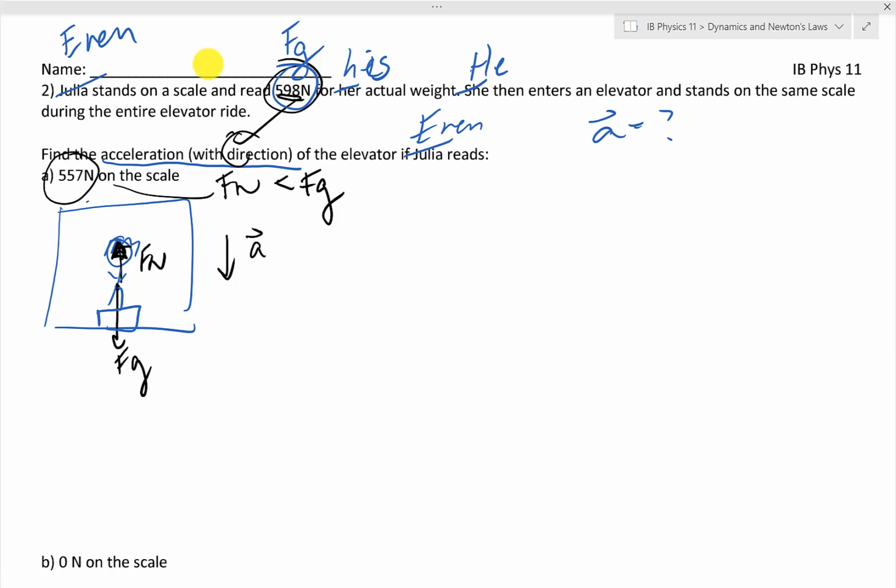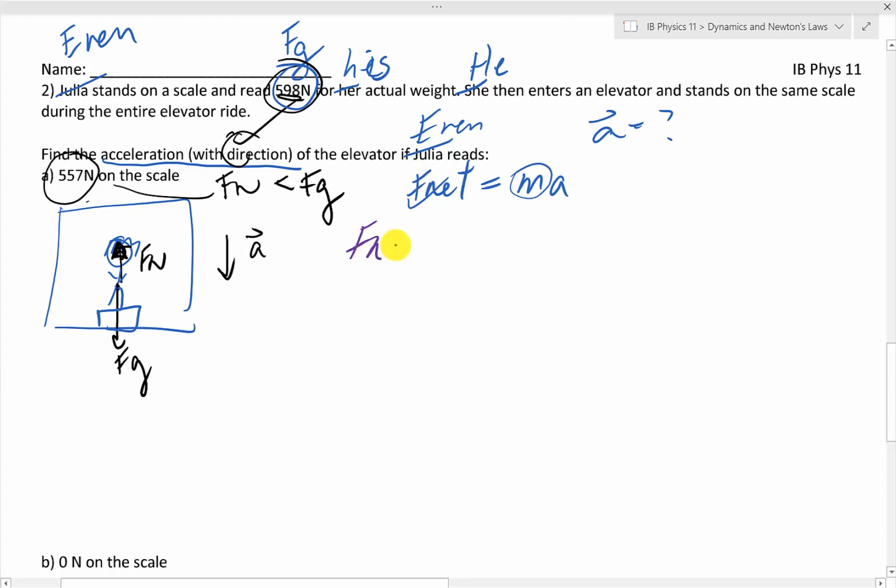Knowing these things, let's write down our Fnet equation. To find out acceleration, we need to know the Fnet. That's equal to ma, and we don't know the mass of Eren per se, but let's see if we can find out Fnet. We can figure out Fnet from the balance of his forces.